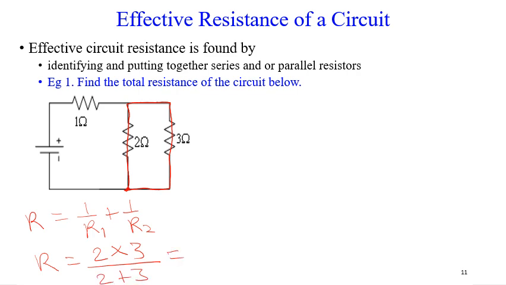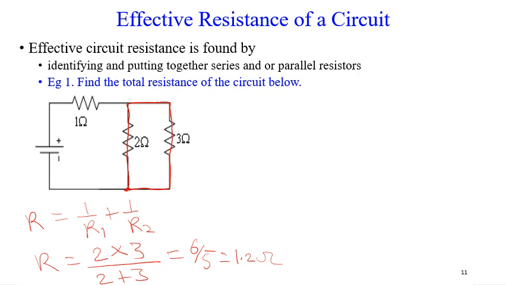Then we'll get an answer. After getting that answer, we redraw the circuit again. After redrawing the circuit, we can now see that the circuit becomes very, very simple. So we'll get 1.2, which is also equal to 6 over 5 ohm, which is also equal to 1.2 ohm for the resistors in parallel.